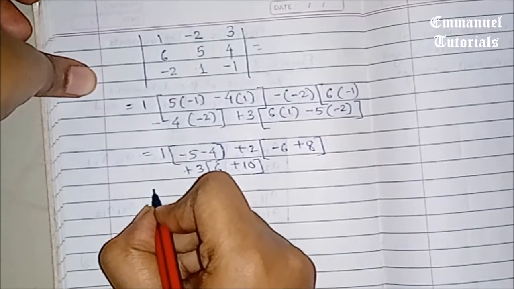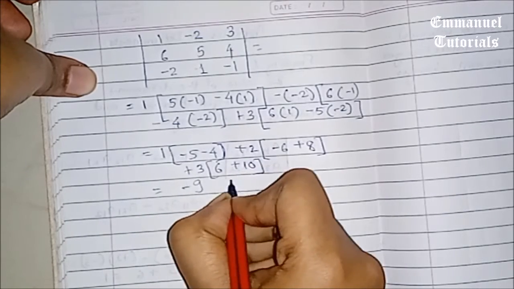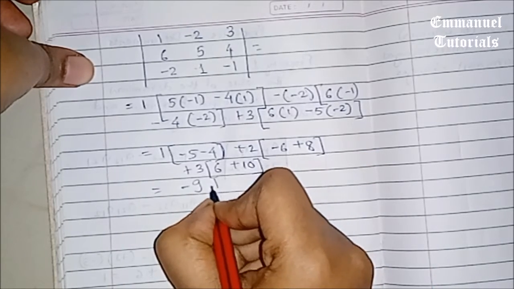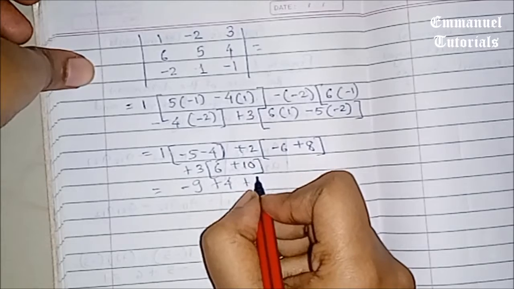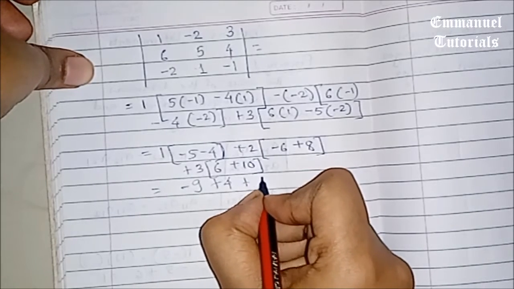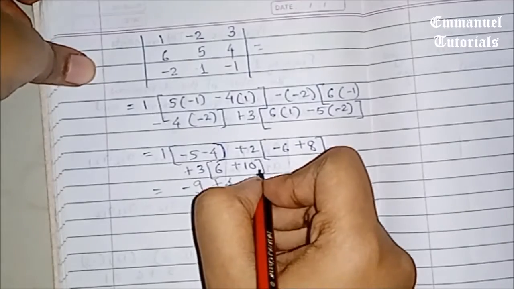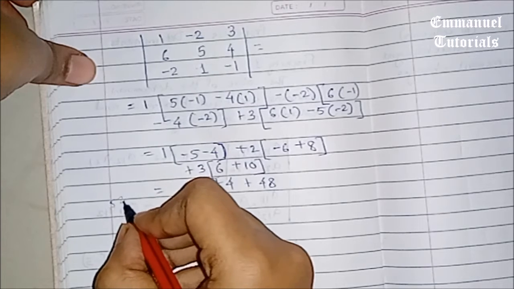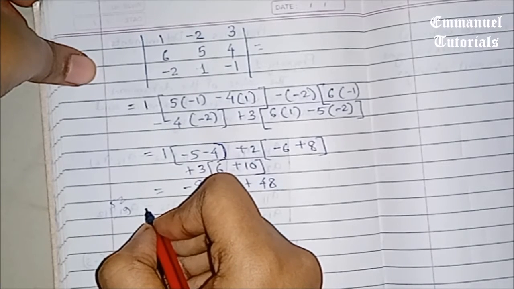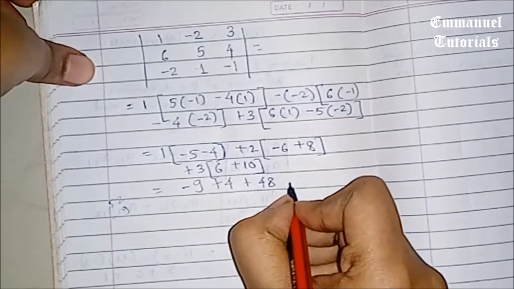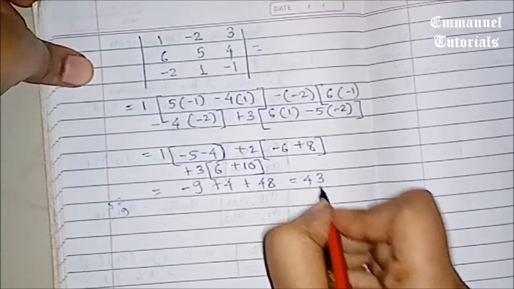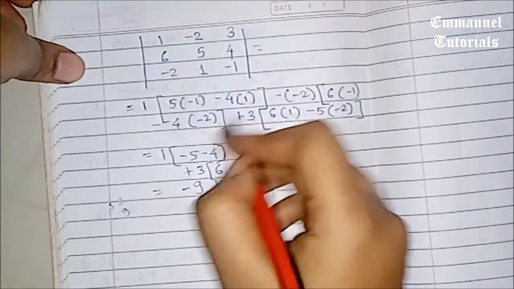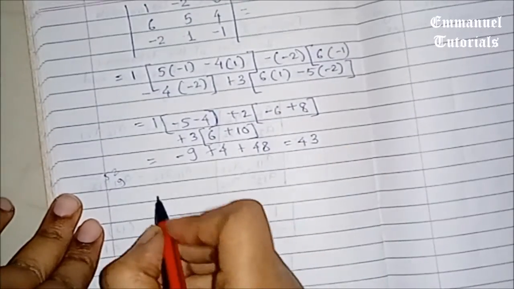This is equal to minus 9 plus 2 into 2, which is 4, plus 3 into 16, which is 48, which is again 52 minus 9. 52 minus 9 will be 43. So this is equal to 43. So now what we'll do is find out the value we get after interchanging the rows with columns.